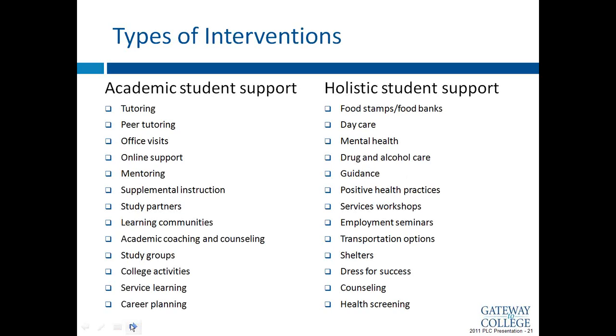Okay, so one of the things is, again, thinking about the student types. Also be thinking about what types of interventions might be most needed by either one of those groups of students.